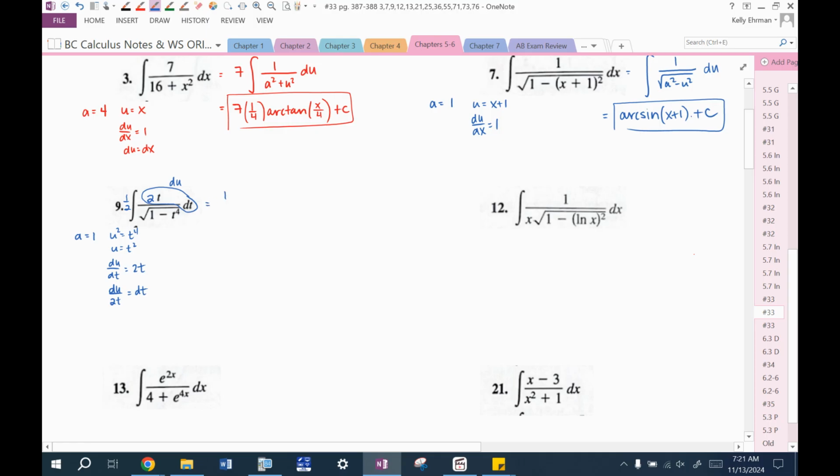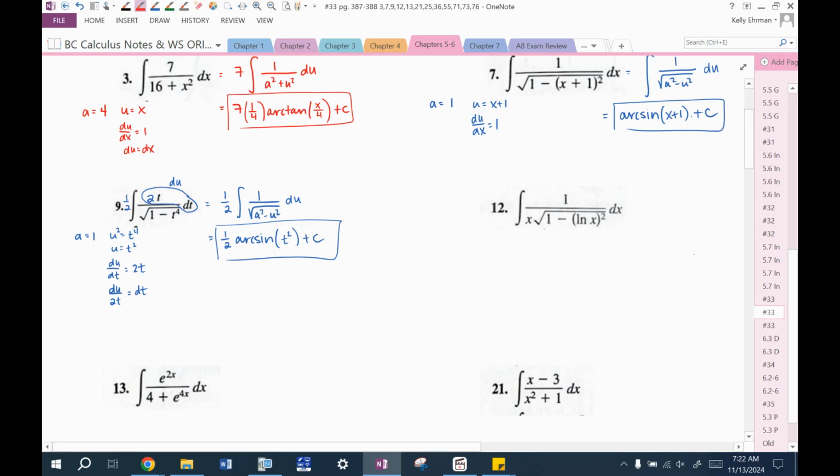So either way, you're going to get a 1/2 constant that you pull out, and then this is 1 over the square root of a squared minus u squared, and this 2t dt is my du. So 1/2, arcsine doesn't have a 1 over a, so 1/2 arcsine of u over a, so u is t squared over 1 plus c.